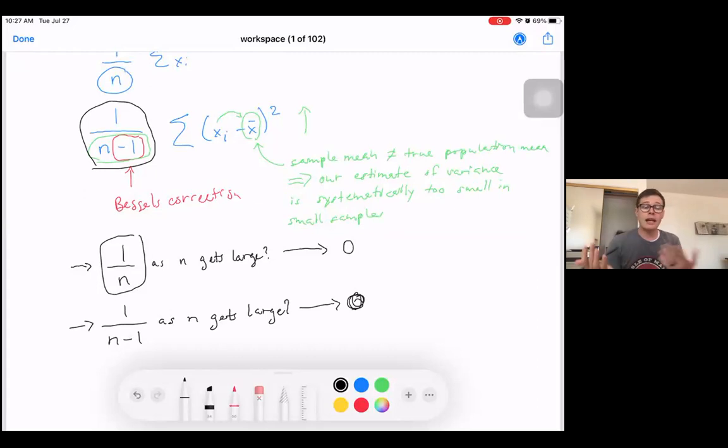If I have a data set even of 1,000 people, and I did the variance with Bessel's correction and the variance without it, I couldn't tell the difference between those two variance estimates very easily. So as the sample gets larger, Bessel's correction becomes less and less important. You know that's true because n is in the denominator, and as the denominator gets large, the number itself gets very small. Okay?